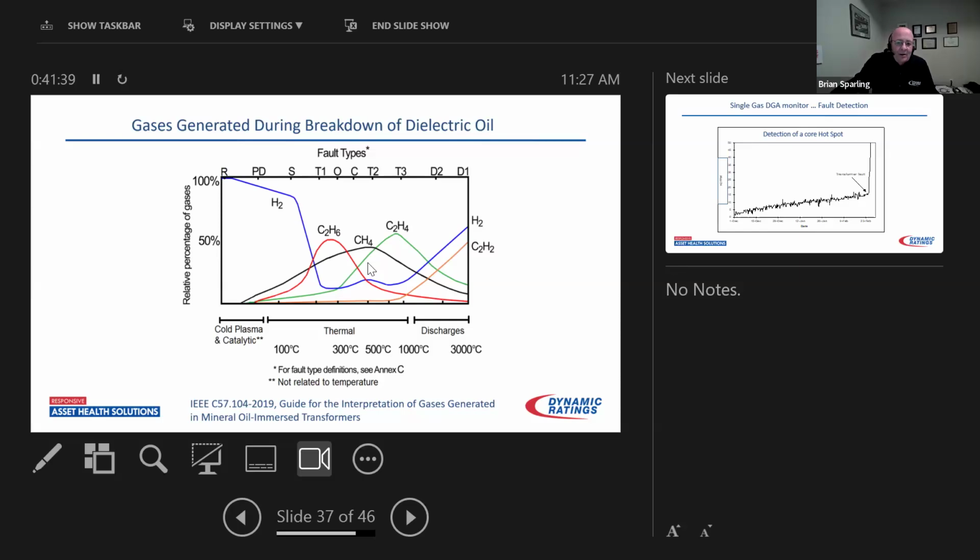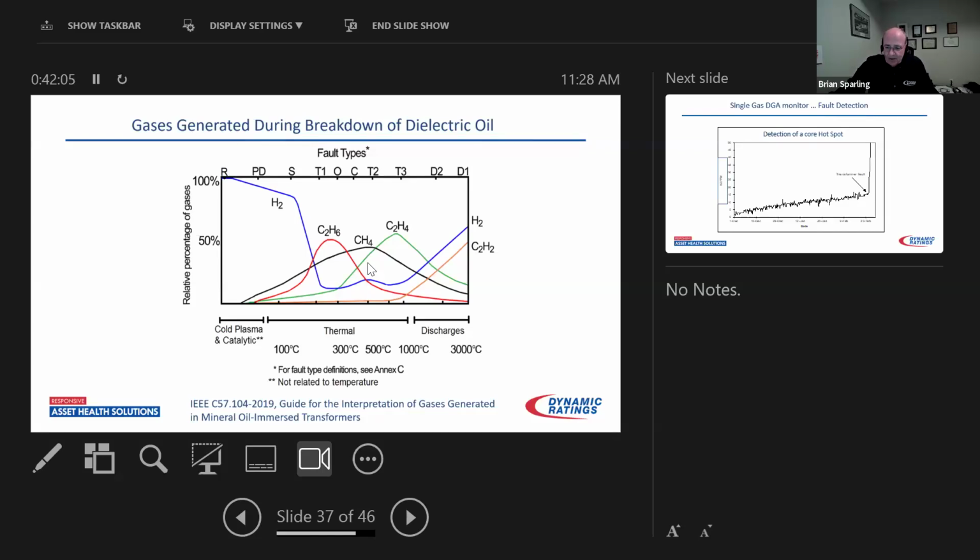At the lower level, less than 100 degrees C, sometimes you'll see cold plasma, catalytic type faults, partial discharge for instance, where hydrogen is the main gas generated. But as temperature increases in the thermal fault, the generation of hydrogen drops off to be picked up by methane, by ethane, by ethylene.